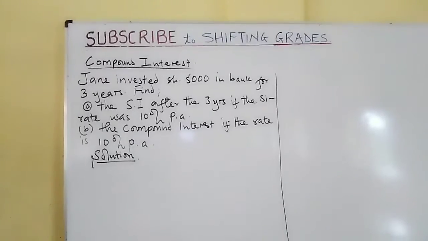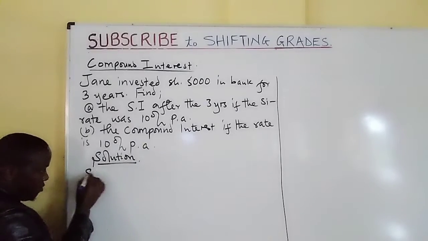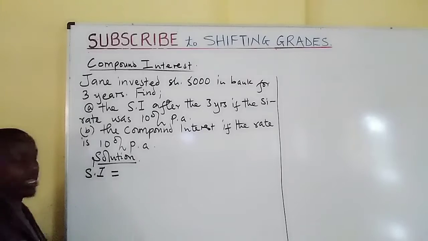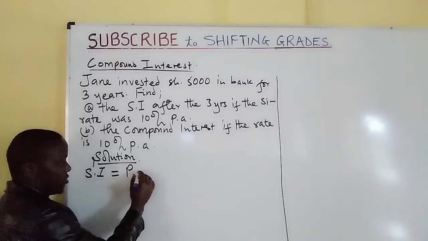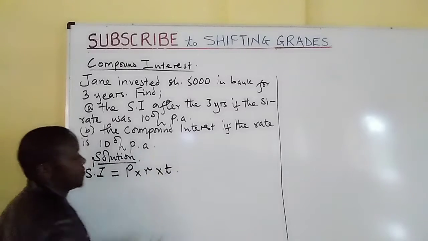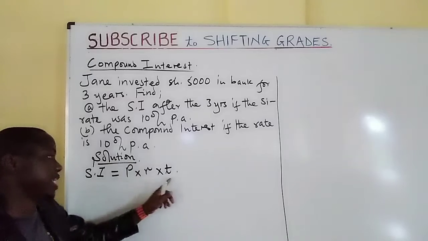We earlier on stated that simple interest is calculated with the formula principal times rate times time. Simple interest is calculated by principal times rate times time.